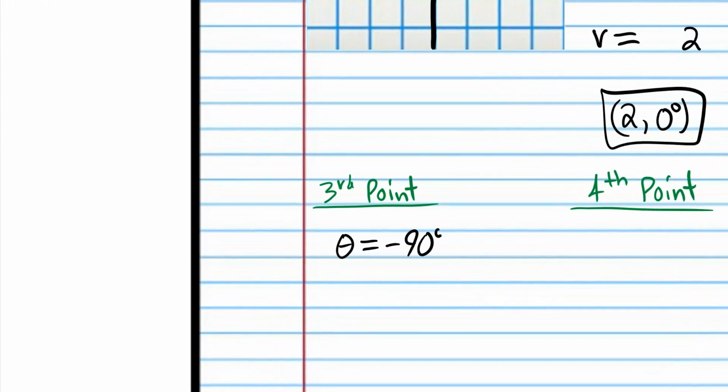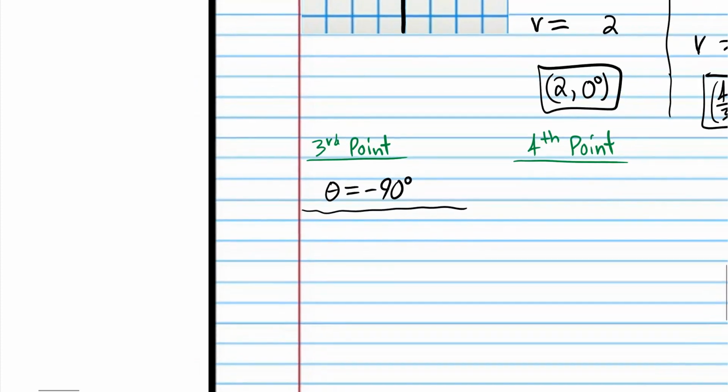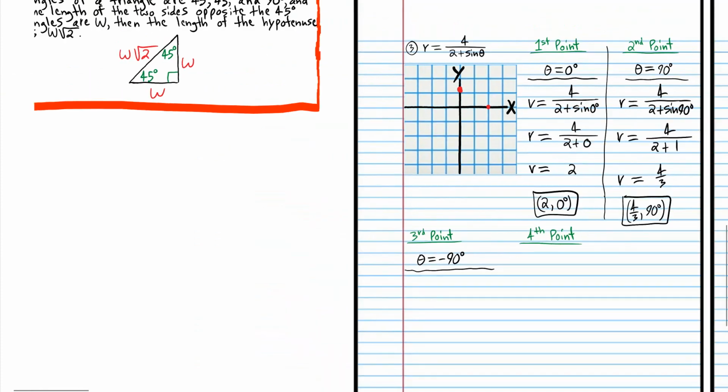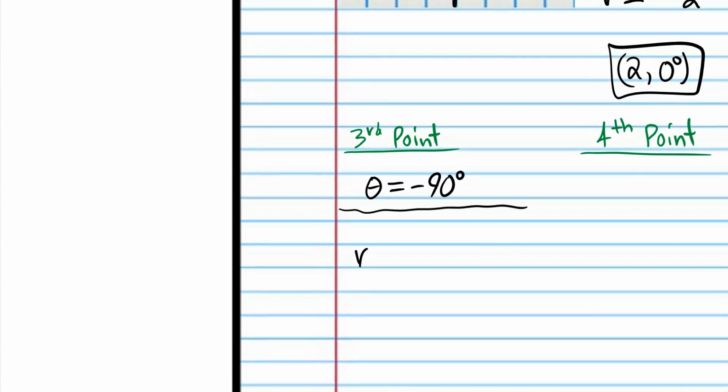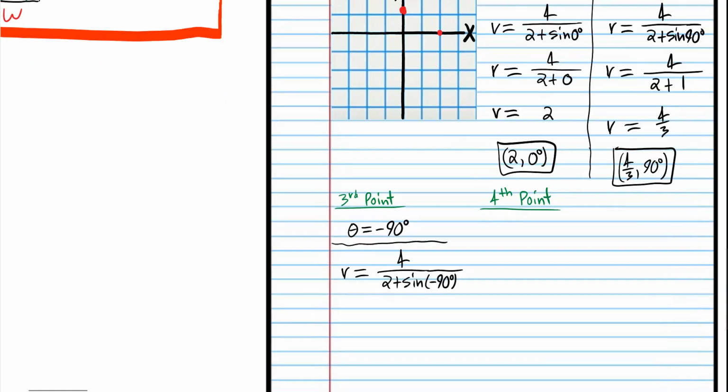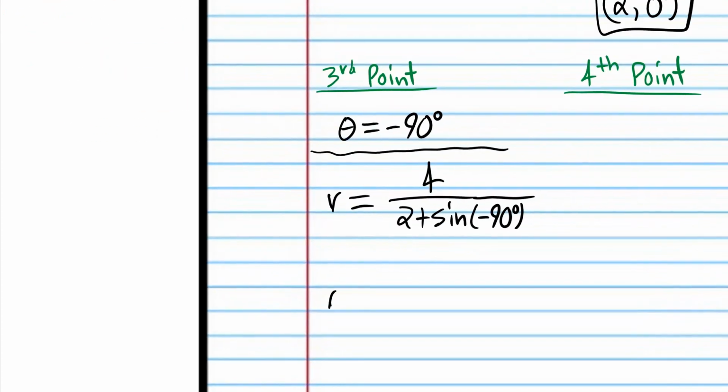Again, you want to stick with quadrantal angles if you can. 0, 90, 180, 270, so on and so forth. So r is equal to 4 over 2 plus sine -90 degrees. So if you look at your sine curve, sine -90 is equal to -1.